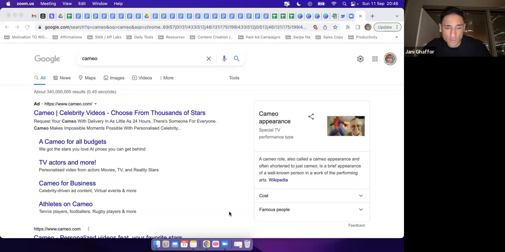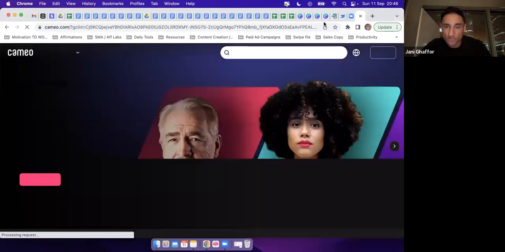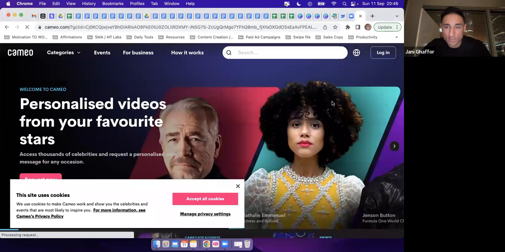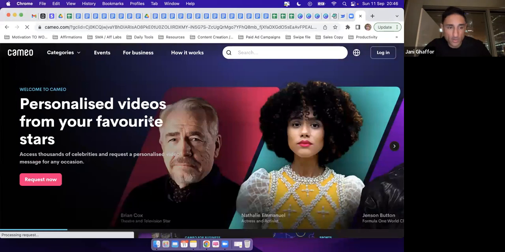Celebrity, yes. Did you know there are a number of sites, but you can actually get celebrities to create an ad for you by using a site called Cameo. Has everyone heard of Cameo?